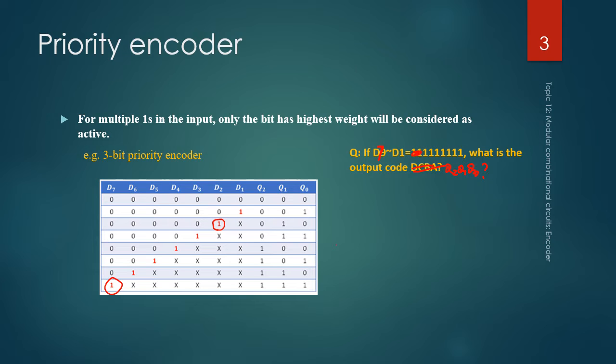Because in this case, D7 has the highest priority, and D7 is 1. So it doesn't matter what the values of D6 to D1 are, the system always generates the code for D7. And because it's 7, the code Q2, Q1, Q0 should equal 1, 1, 1. You got the idea?